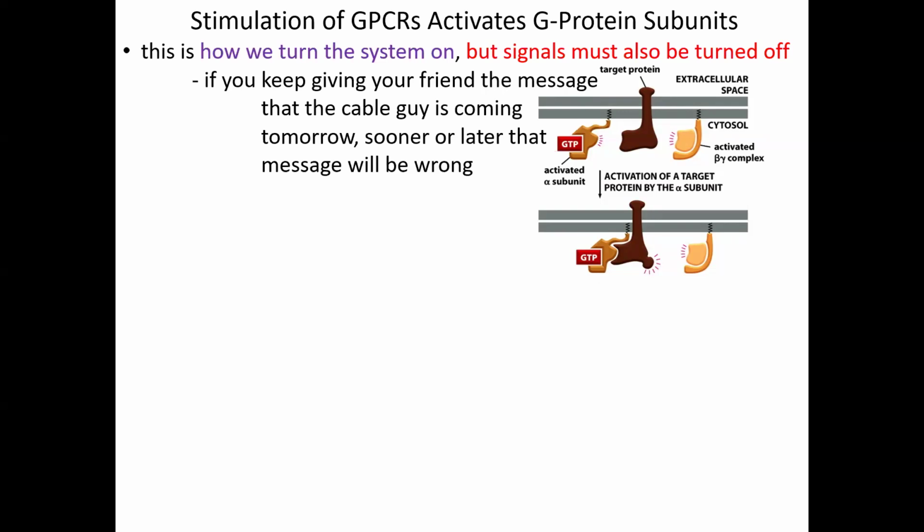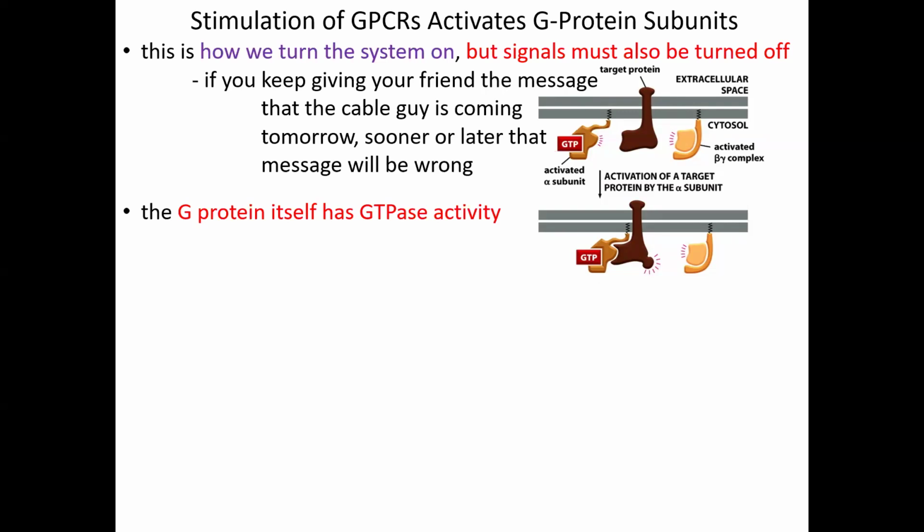And if that message, if that signal transduction never gets turned off, sooner or later it's going to become tomorrow, and you're going to be saying the cable guy's coming tomorrow. Not true anymore. The cable guy's coming today. So for messages to be appropriate, they have to be received, transduced, and then turned off. Otherwise, they become inaccurate and inappropriate.